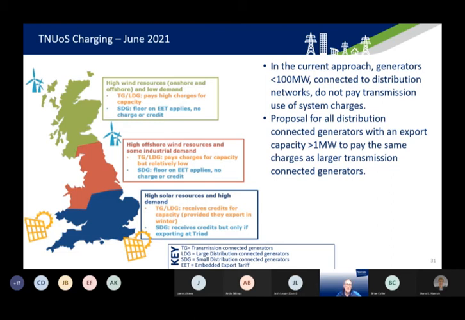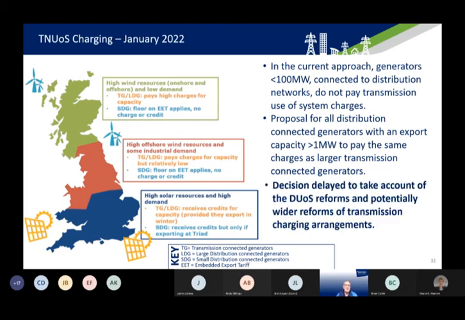So it's one where their January update is that they've delayed their decision on implementing that. They're going to do some more work, looking at the JUS reforms, and they're also looking at some of the TNUS reforms as well. They've decided to park that bit, because I know that was certainly for DG customers potentially going to be an unattractive proposition, where they would suddenly get some more costs.